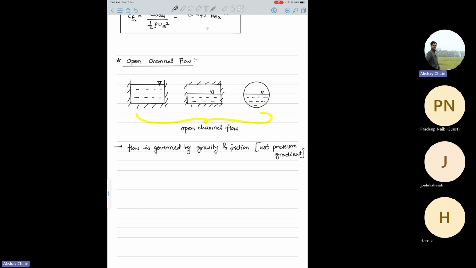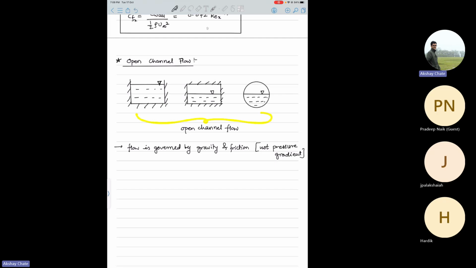Because typically these open channel flows are highly turbulent, and since it's a turbulent regime, you cannot have a 1D approximation. In any case, in open channel flow we have to do 3D simulation, but that is not possible to do with pen and paper. So for the sake of this course, we are considering it as a 1D flow.